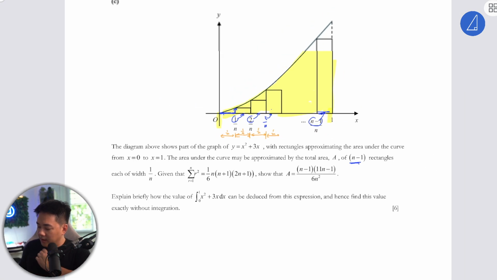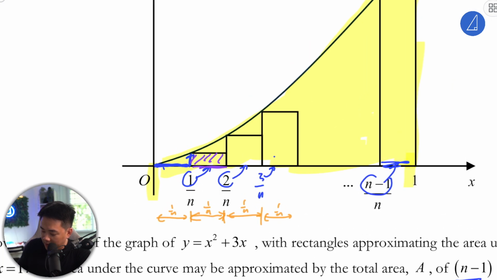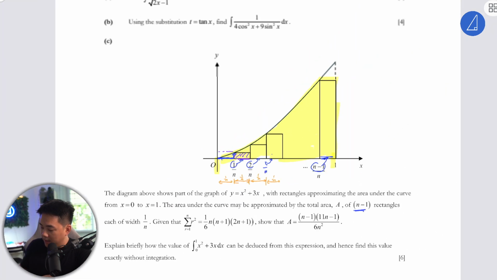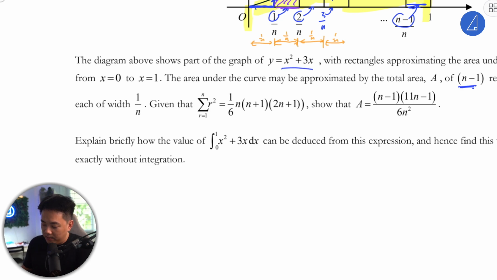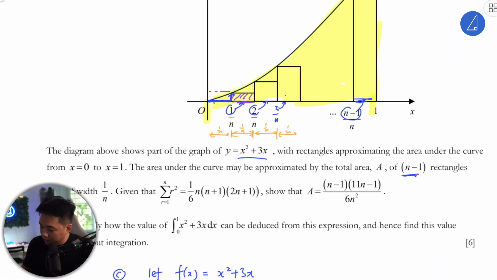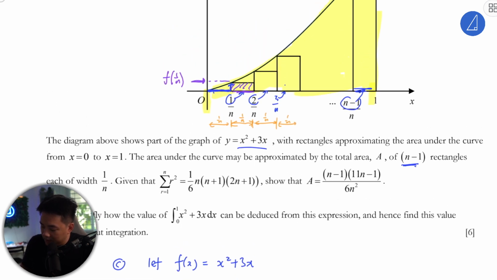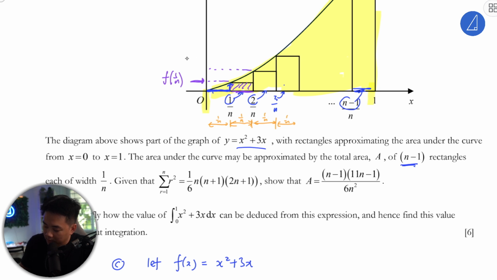So now, finding the area of the rectangles under the graph shouldn't be an issue. The width is 1 over n. For the height, I'm going to let f(x) be x squared plus 3x, since I don't want to keep writing. If I look carefully, the height of the first rectangle will just register f(1 over n). Then the second height will be f(2 over n).